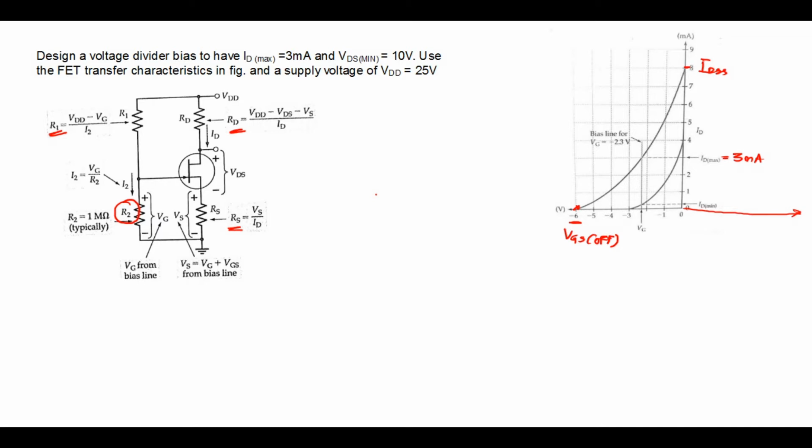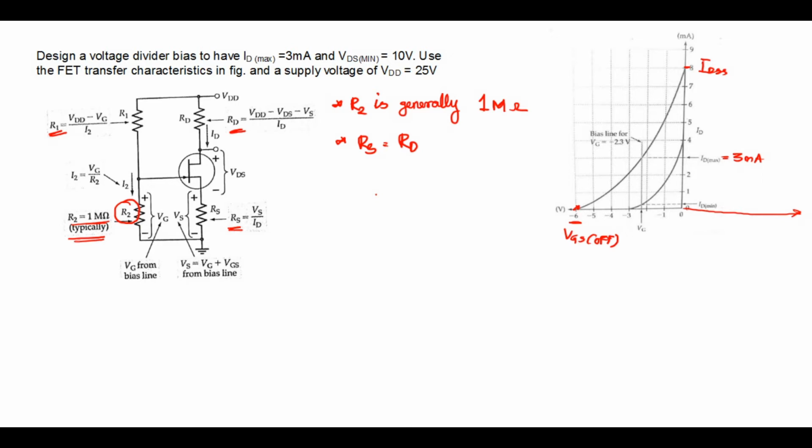Before proceeding with the calculation of R1, R2, RD and RS, the first thing we need to know is that the R2 value is generally 1 mega ohm. That is already given in the circuit diagram: R2 is typically 1 mega ohm. The second consideration is that RS and RD will always be equal.